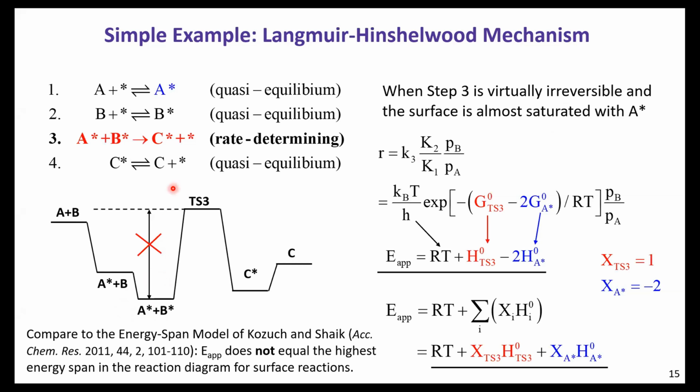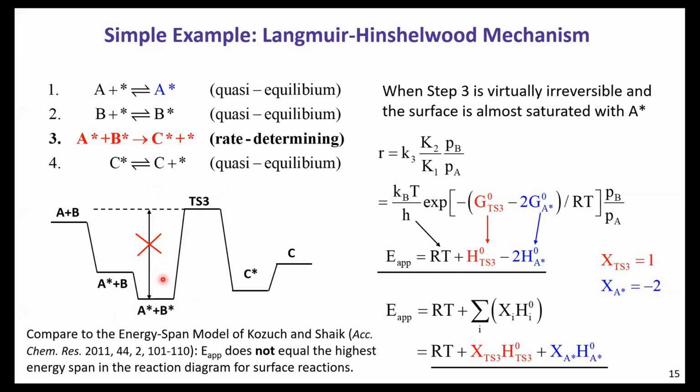So the energy span model states that the apparent activation energy equals the highest transition state minus what they call the stationary state. If it's a one-site catalyst like an enzyme, this is the lowest energy, the most stable binding species on the catalyst. There's no difference. It's good.